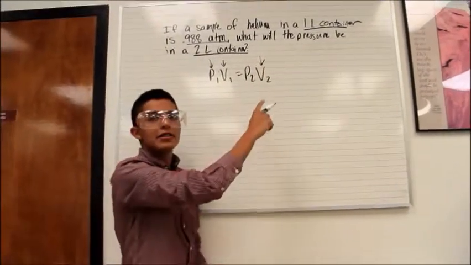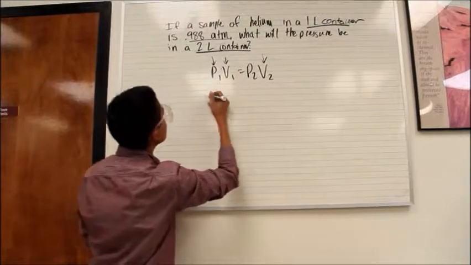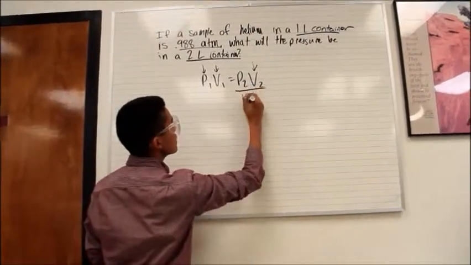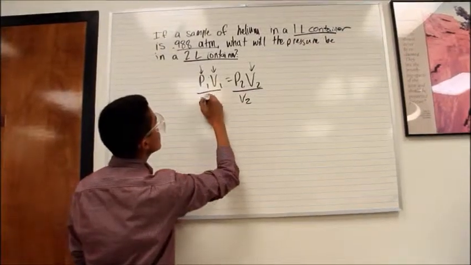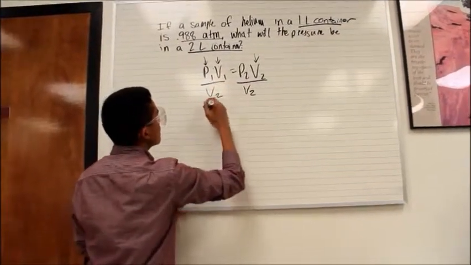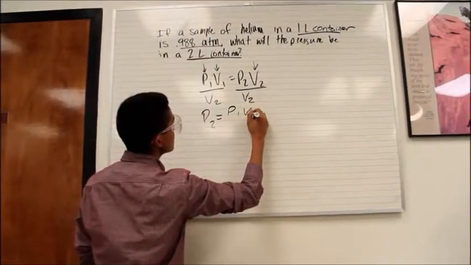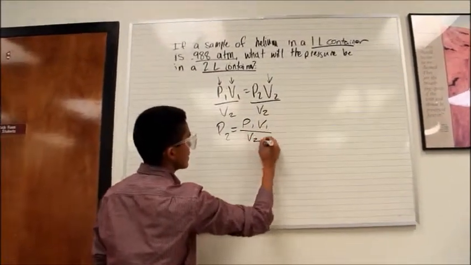So we need to find the pressure of our next sample. We have to get pressure by itself, so we divide by the second volume, and the pressure of the second is equal to the pressure of the first times the volume of the first, divided by the volume of the second.